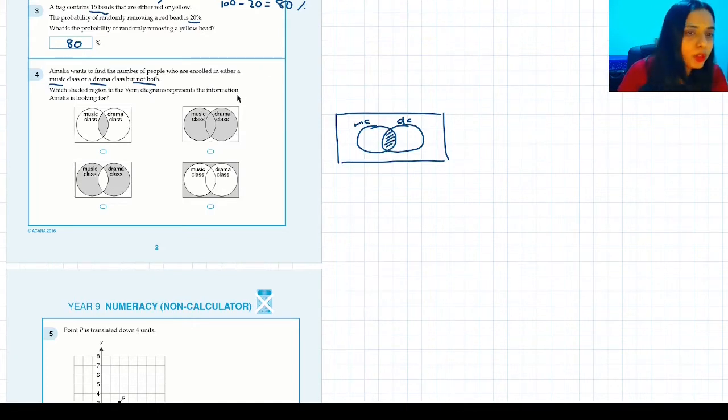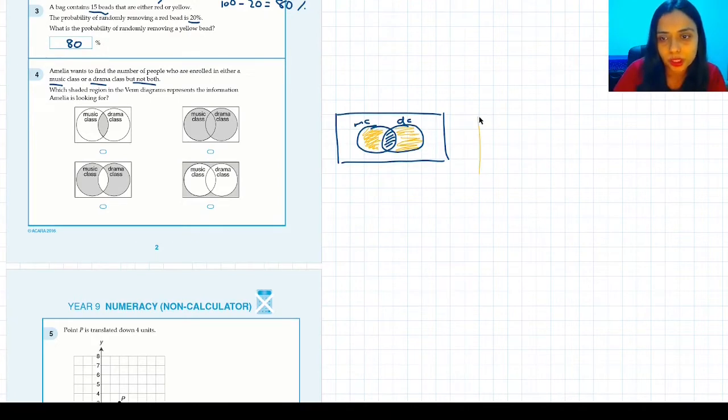Now, because we want to know how many people are enrolled in either one or the other, but not both, that means that is really this part. So all of this part represents people enrolled in music class, but not drama class. And everyone in here represents people enrolled in drama class, but not music class.